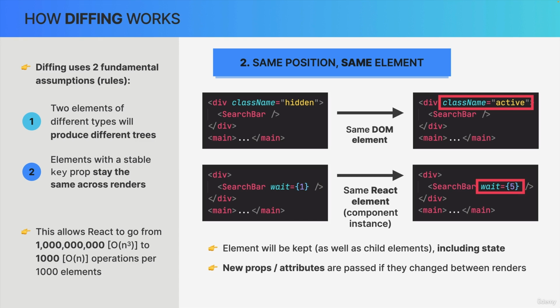React tries to be as efficient as possible, and so the DOM elements themselves will stay the same. They are not removed from the DOM, and even more importantly, the state will not be destroyed. Now, sometimes we actually don't want this standard behavior, but instead to create a brand new component instance with new state. And that's where the key prop comes into play, as we will learn about after seeing these rules that we just learned about in action.